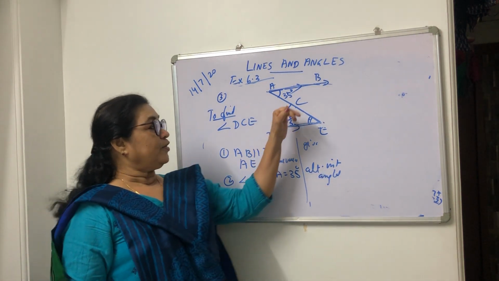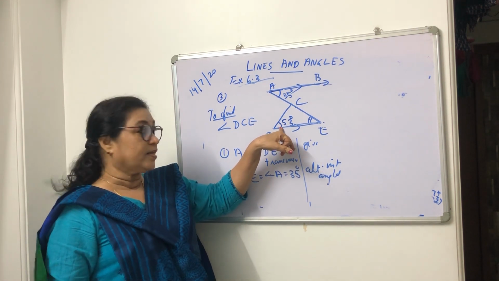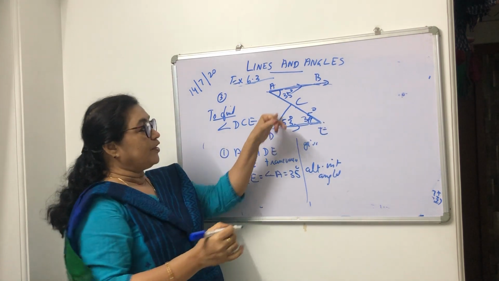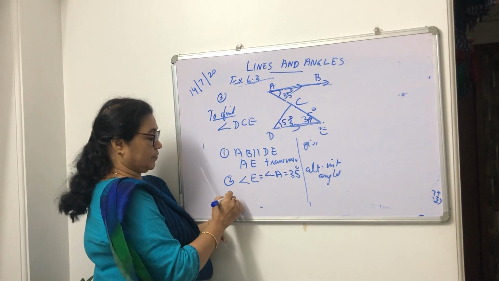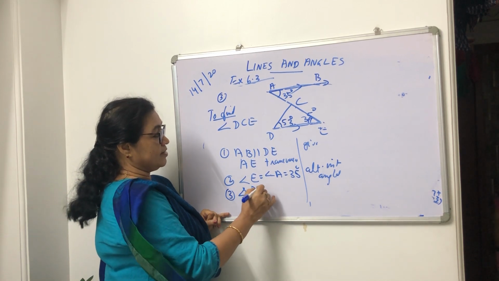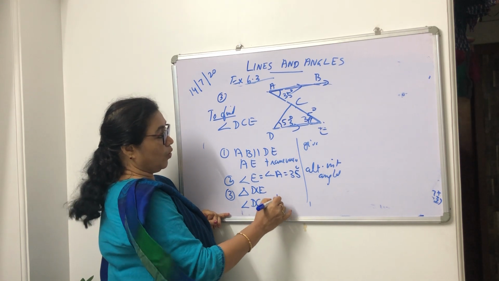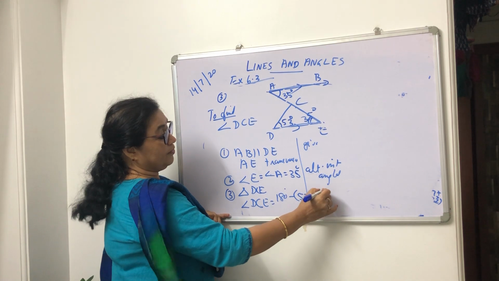You need to find out DCE. So you have this angle 53, this angle is 35. Then you can find angle DCE. Take the triangle DCE. Angle DCE is equal to 180 minus 53 plus 35.